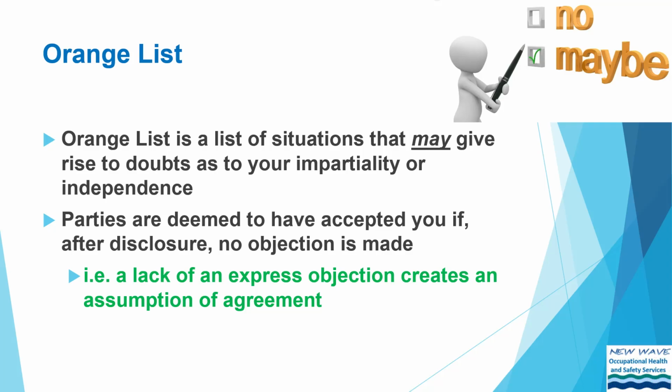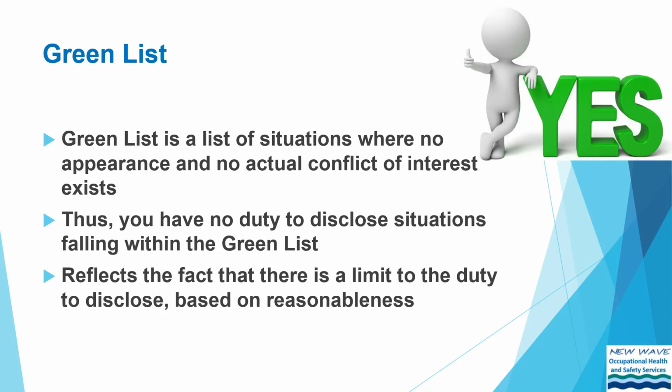That is to say that a lack of an express objection creates an assumption of agreement. Lastly, we have the green list. These are interests that are so insignificant that there is no reason to disclose them. That is to say that your personal privacy outweighs any conflict of interest issues.